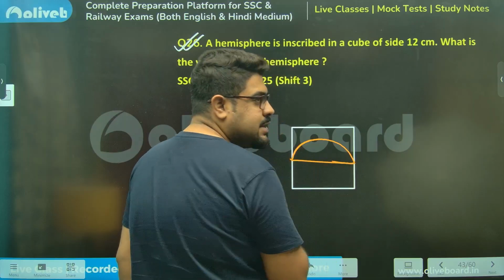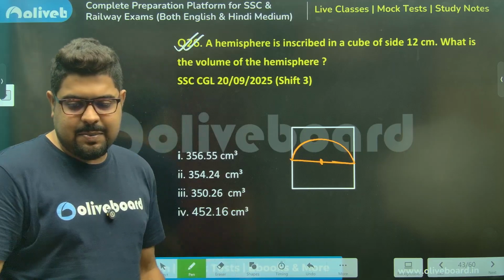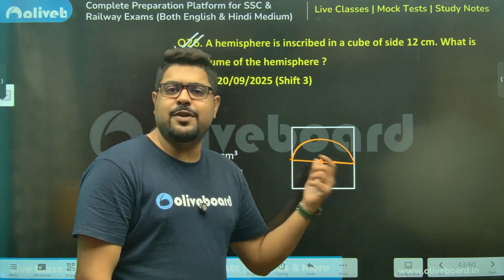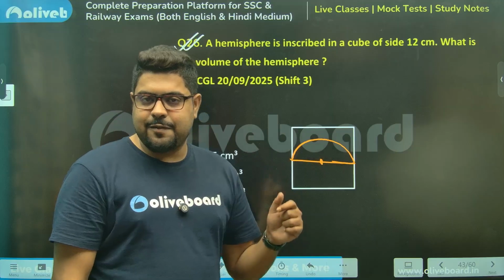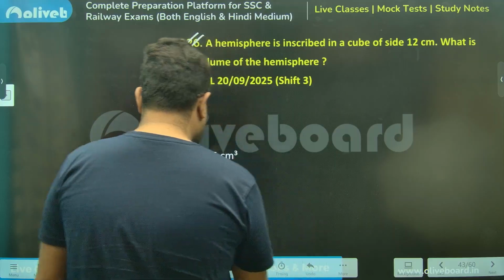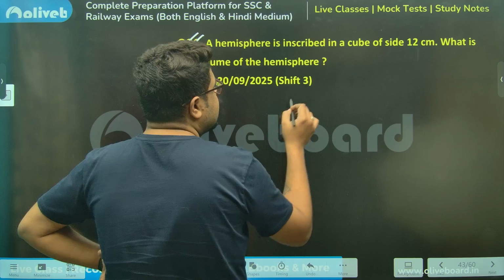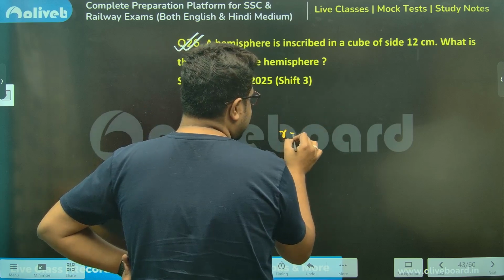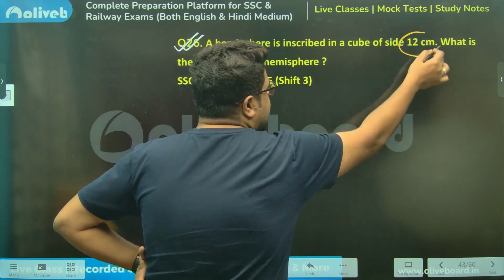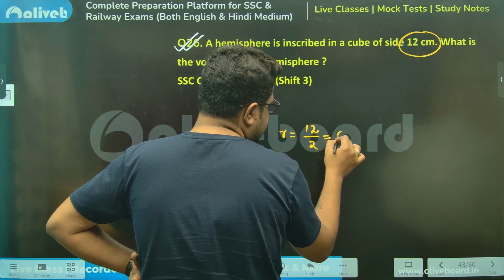But whatever happens, the diameter of the hemisphere must be equal to the side of the cube. So the radius of the hemisphere will be half of this, because the diameter is 6 centimeters.